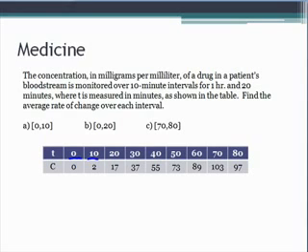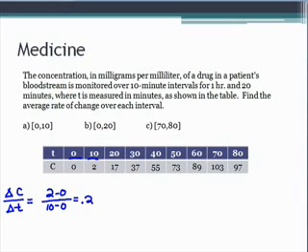The concentration is the y value, so we want the change in the concentration over the change in time. So for A, we're going from a concentration up to 2 minus 0, there was 0 to begin with, when the time increased 10 minutes, so we go 10 minus 0. So we get 0.2.